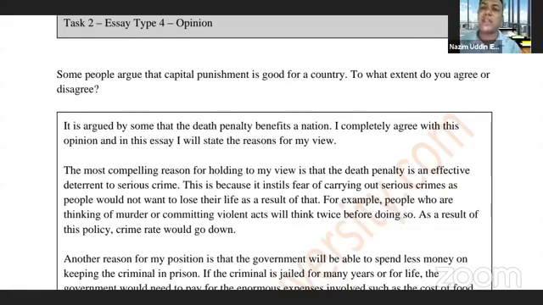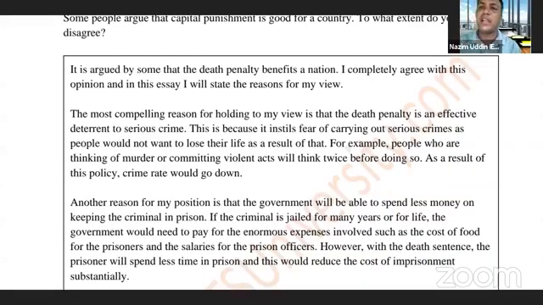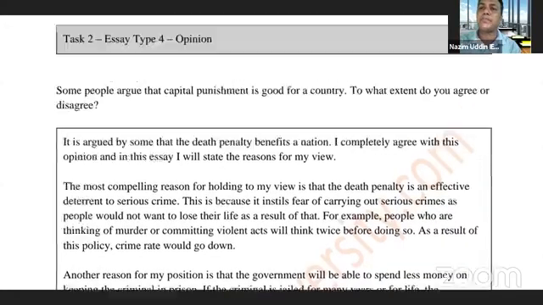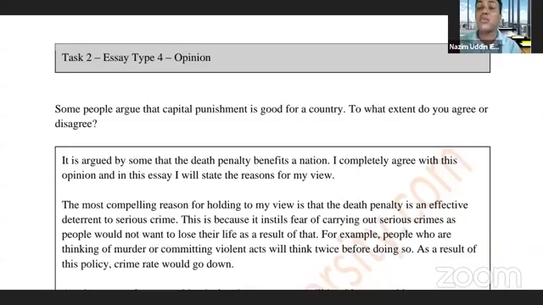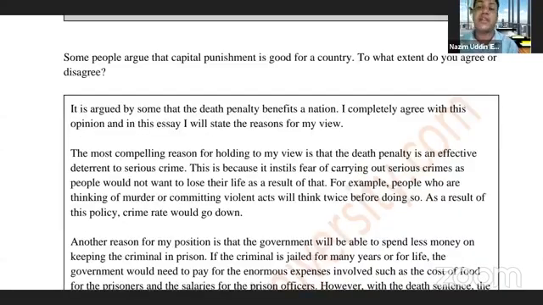And the second paragraph should be your argument, your point of view, in support, in favor of capital punishment, whether it is good or not. You need to explain, for example, I agree with the statement.